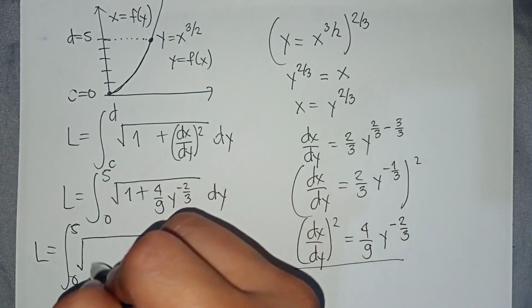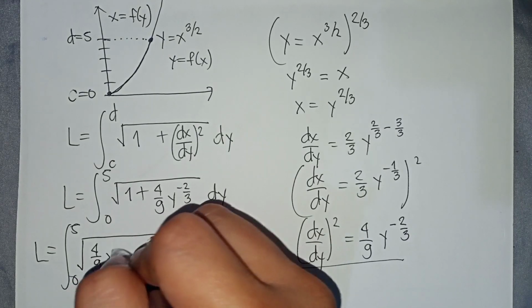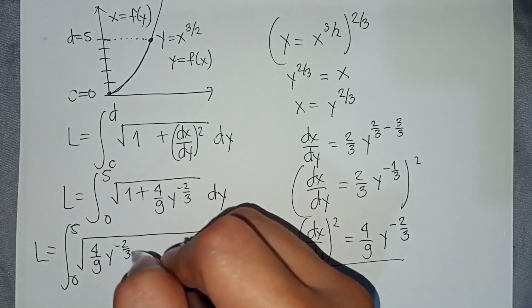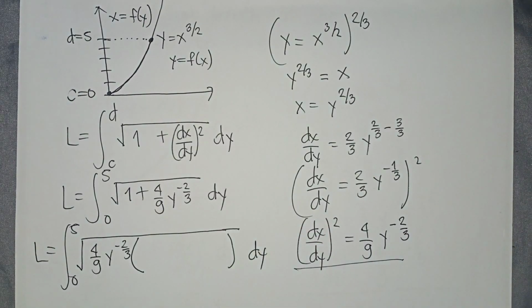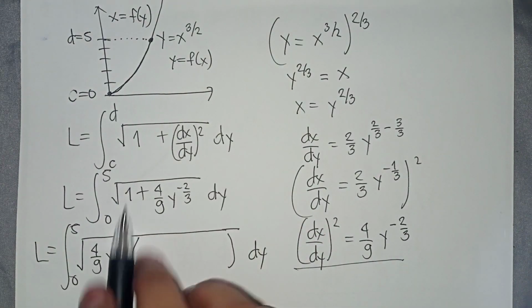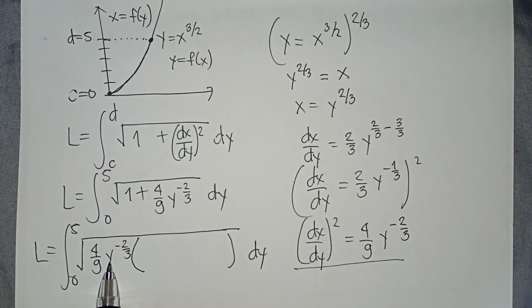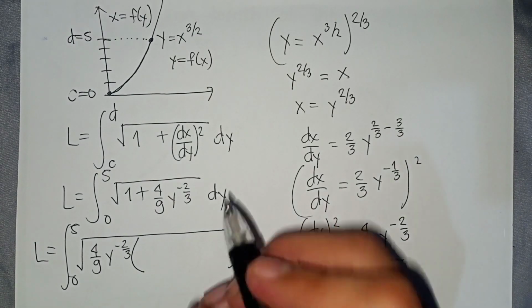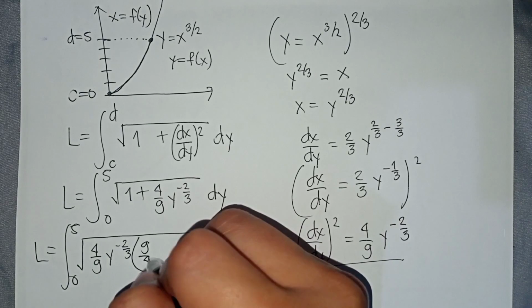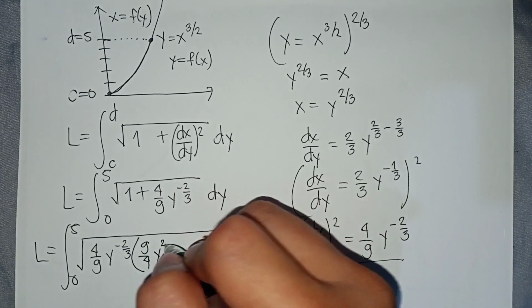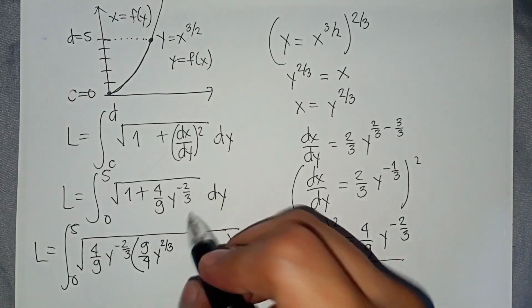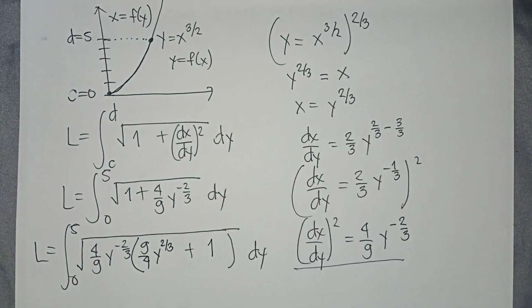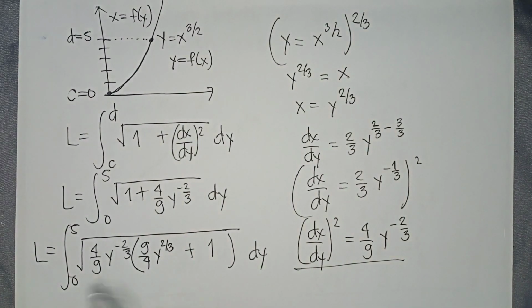So, pag finactor out natin ito, ang matitira sa loob ay, so ito, i-divide natin, 1 divided by 4 over 9 times y raised to negative 2/3, yan ay equal sa 9 over 4 y raised to 2/3. Okay? Tapos ito, pag dinivide natin ito dito, magiging positive 1 na lang yan, no?